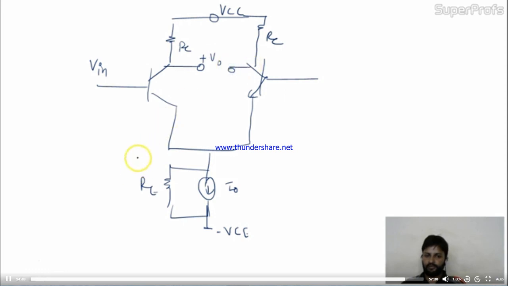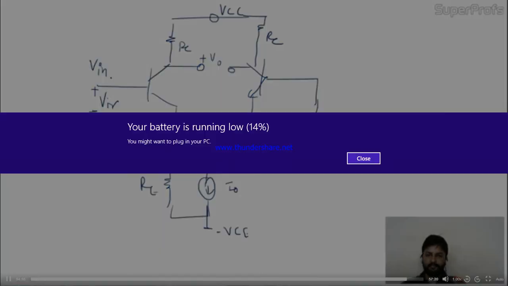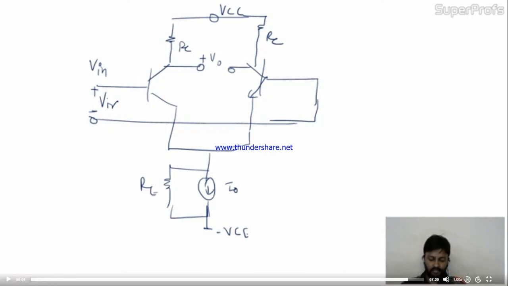V0 over here. Okay. Now the question is, this is the terminal where we apply V in like this. Plus minus. Here V in we applied. Now the question is, in the differential amplifier shown in the figure, the magnitudes of the common mode and differential mode gains are ACM and AD respectively.